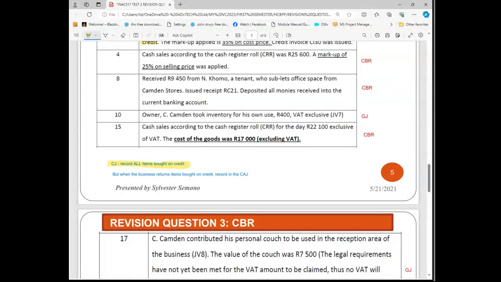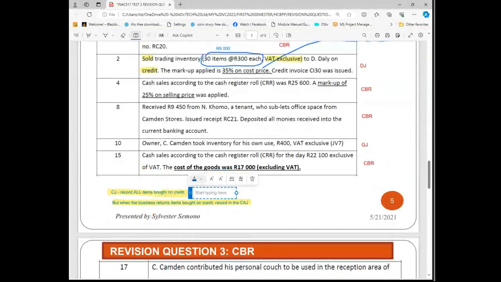Will you remember this? Yes. By the way, what is the main column for CJ? It is creditors control. What is the main column for CAJ?